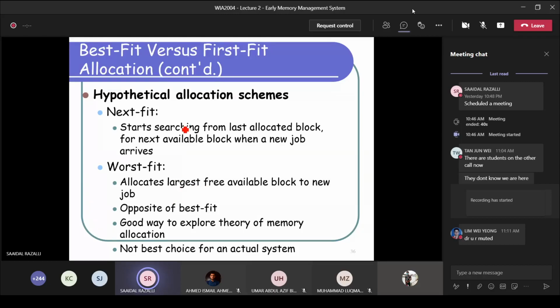So let's say the job is only 5K in size, and you have 3 partitions: one is 10, one is 100, one is 200. Worst fit will select the 200. It's a good way to explore the theory of memory allocation. This is just for you to test. It's not really used in an OS except for research or testing. Not the best choice for an actual system, definitely.